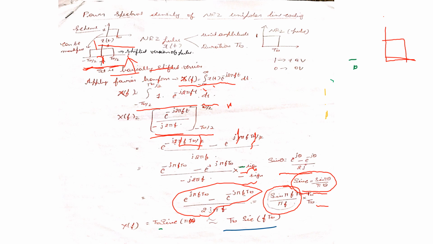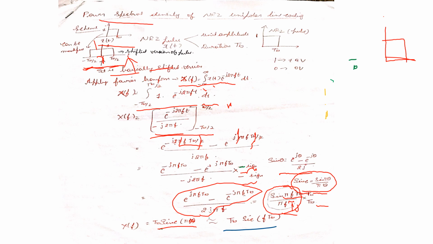Here theta is f Tb, and the denominator also has pi f Tb. So this can be written as Tb into sinc of f Tb.